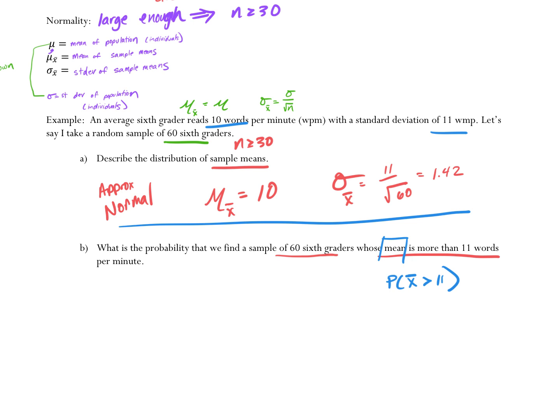So, if I'm finding the probability that x bar is greater than 11, my picture is going to use the standard deviation of x bars. The only difference in terms of what that looks like in the calculator is that my standard deviation needs to be divided by the square root of my sample size. After that, how do I answer this?